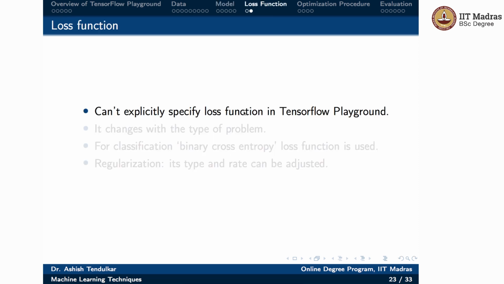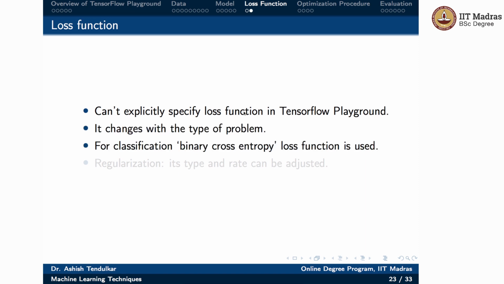We cannot explicitly specify the loss function in TensorFlow Playground. It changes with the type of the problem. For classification, it uses a loss called binary cross entropy loss, which we will study later in the course. And then there is another parameter that controls the loss function, which is called regularization, and its type and rate can be adjusted.